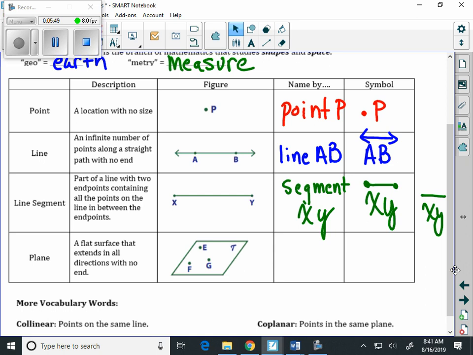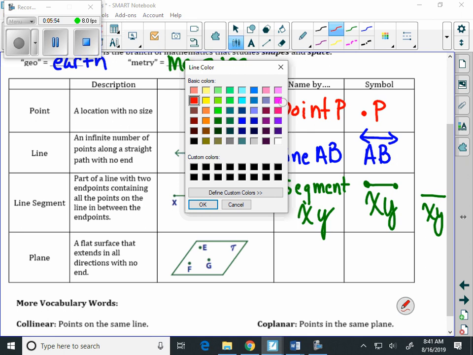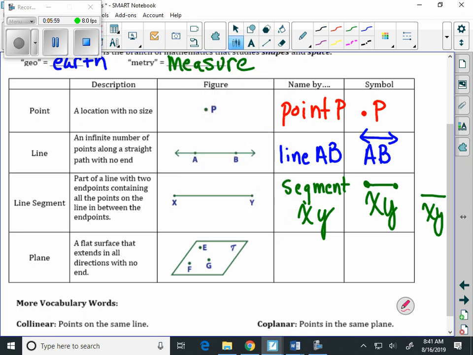So in this particular case here, let's see what I can do. Plane EFG, but it can also be plane T. It's this little value right here in the corner.